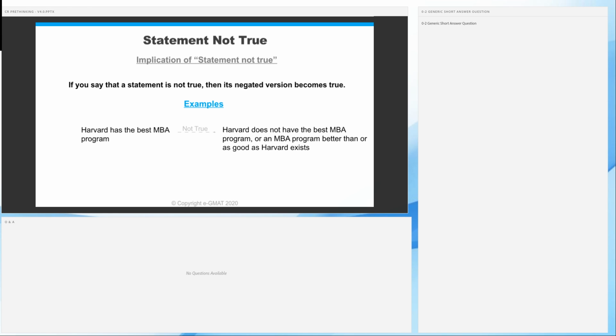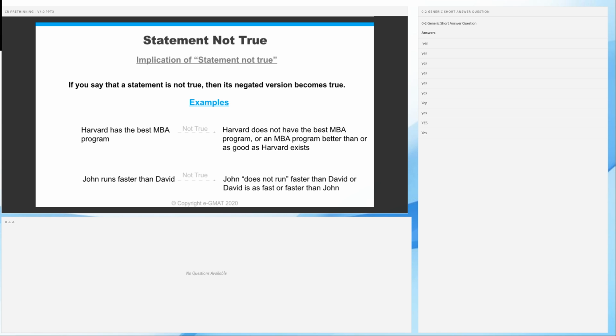If you say that statement is not true, aren't you saying that Harvard does not have the best MBA program, or that an MBA program just as good as Harvard or even better exists? So when you say a statement is not necessarily true, what you're really saying is there's a possibility that its negated version is true.